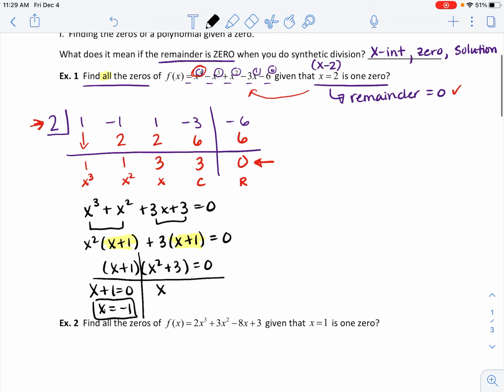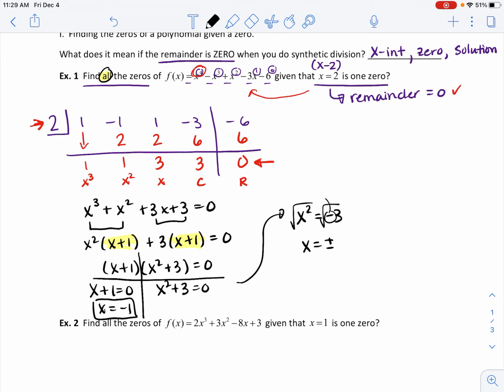Then I have x squared plus 3 equals 0. If you subtract 3 from both sides, you get x squared equals -3. Great review here, right? Remember, it said find all the solutions, so we can't just say you can't do that. It does work. It's imaginary, so you're going to get x equals, don't forget your plus or minus.